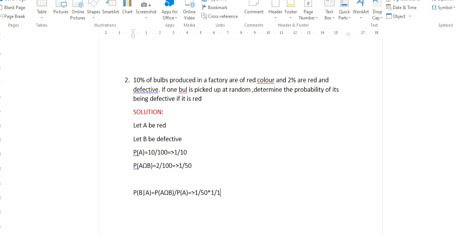Divided by 10, after taking the reciprocal, you will get 1 divided by 5 as the answer. So the probability of the bulb being red and defective equals 1 by 5. You can simplify and write it, or you can keep it as it is.